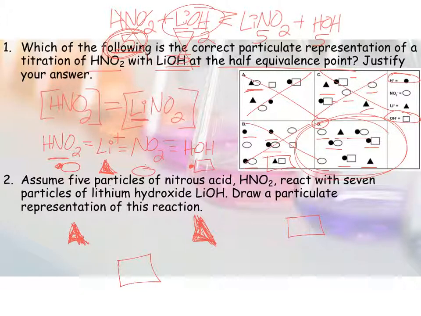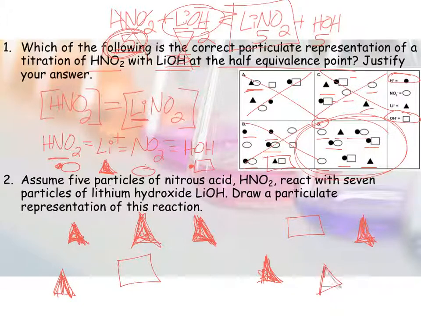All right, now over here on this other side, my salt is LiNO₂. Again, because Li is something that's always soluble, I've got 5 more of those floating around over here by themselves, so you need to draw 5 of those. Okay, 1, 2, 3, 4, and 5. Okay, so there's all my Li's.